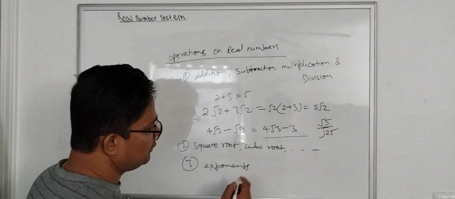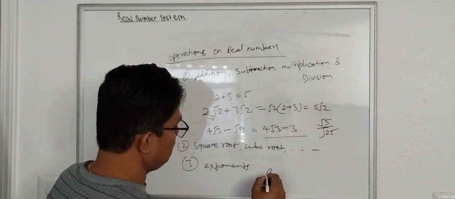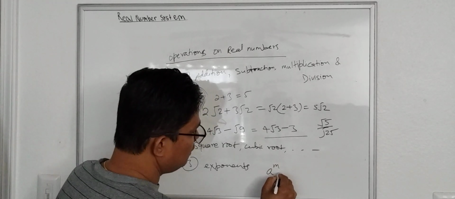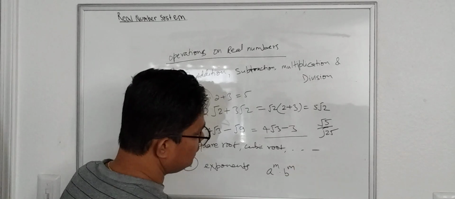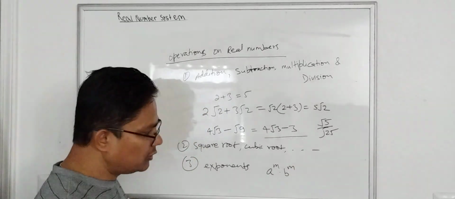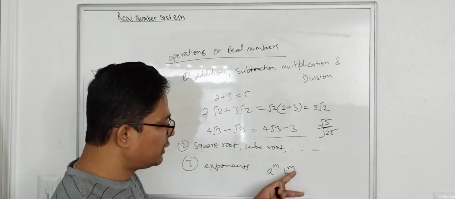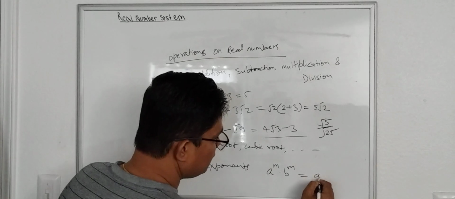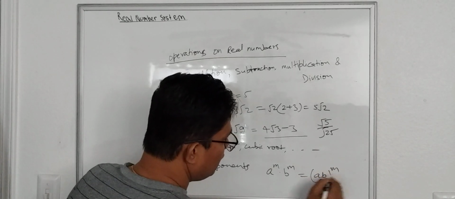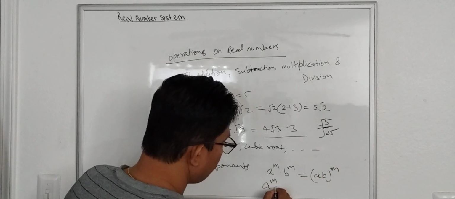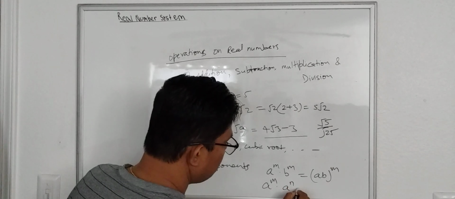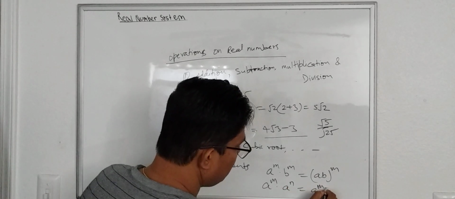So basically, if you have two real numbers, a times b, look at the board. If you have two real numbers and they have power m, you can say it's ab power m. If you have the same base, a power m, a power n, then you can say it's a power m plus n.